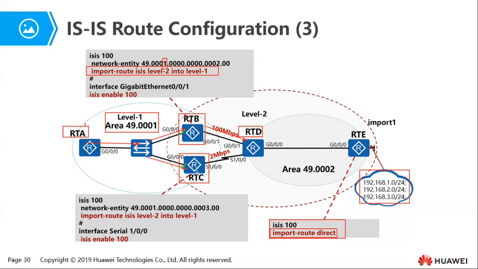You have to do the same also on RTC. That is how you ensure that routers in a non-backbone area can use optimal paths in case you have two boundary routers. We're just calling them boundary routers for lack of a better word.